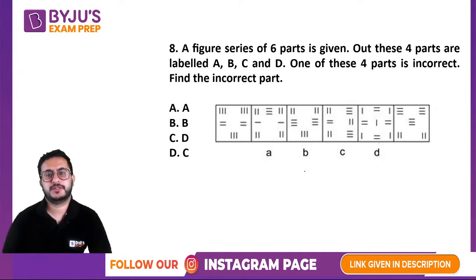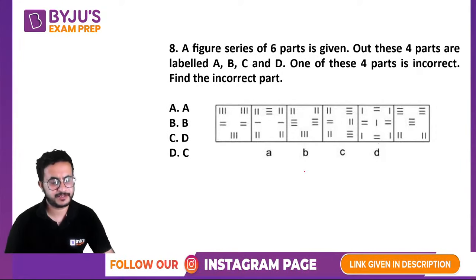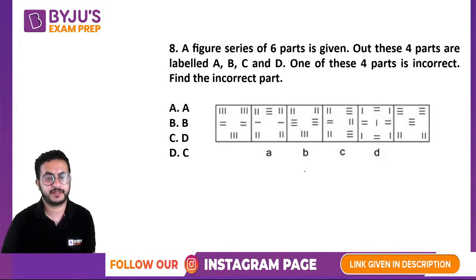So next one, a figure is given with 6 parts and 4 parts are A, B, C, D, and one of the parts is incorrect. You have to find that incorrect part. So it's like a wrong number series. We are given a series of numbers, like you are given in number questions, right? Number series and one is wrong. So similarly, one of them is incorrect.